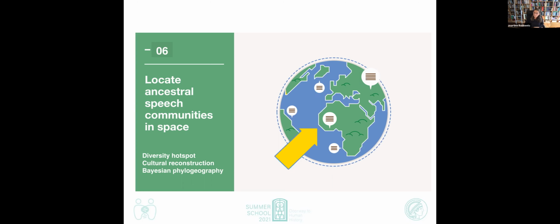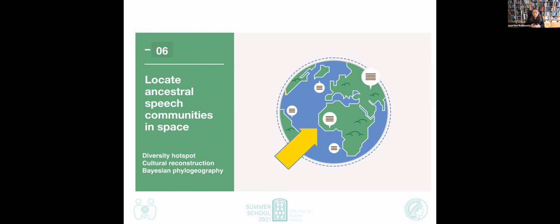The diversity hotspot method places the homeland where we find the greatest diversity with regard to the deepest subgroups in the language tree, while cultural reconstruction delimits an area where reconstructed items, plants, animals, cultural items are found to the exclusion of other regions.